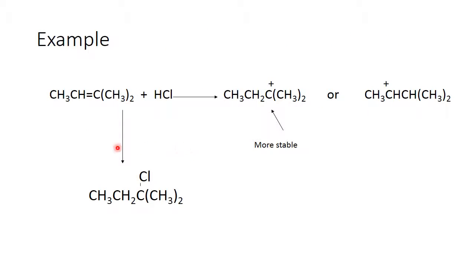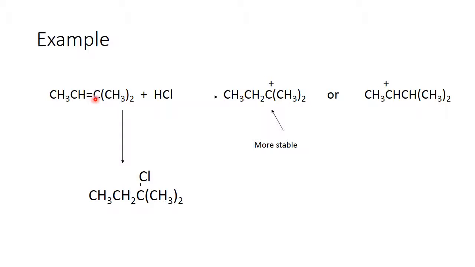Here's an example. Do you see how this carbon is different from this one? This carbon has two carbons attached over here, and this one has only one. If we add the hydrogen chloride to this double bond, the hydrogen can go either here or here. If it goes here, then the carbocation will be on this carbon.